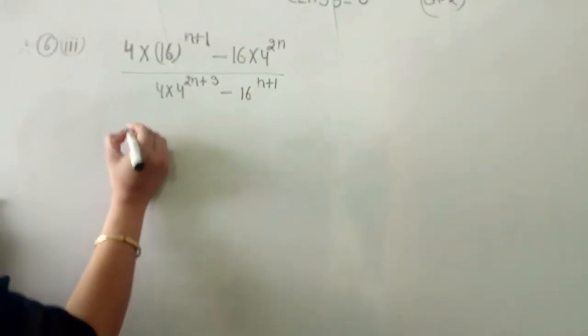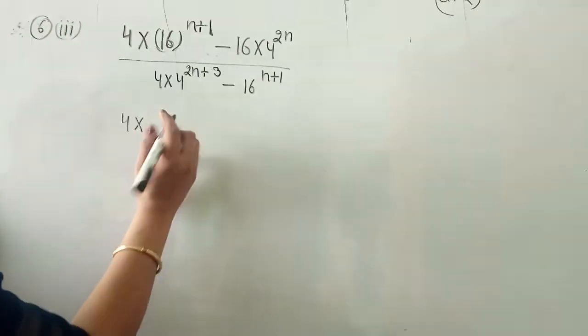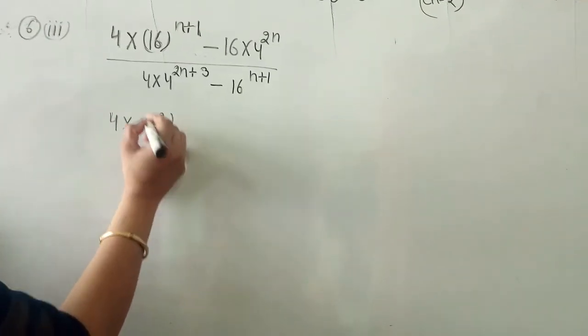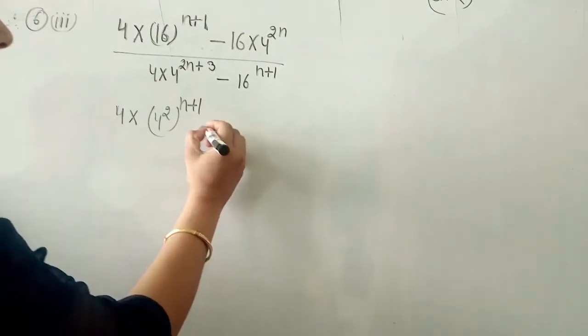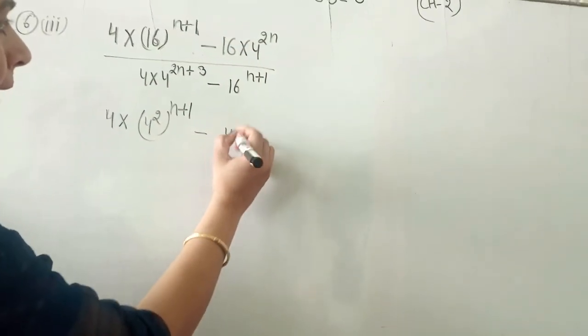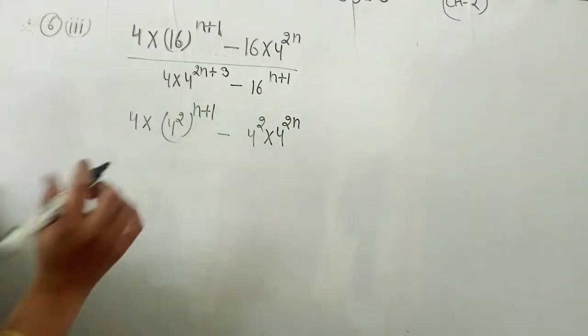First 4 as it is, multiplied by 16 which is 4 raised to the power 2, and raised to the power n+1. Okay. Minus 16, which is 4 raised to the power 2, times 4 raised to the power 2n. Okay student.